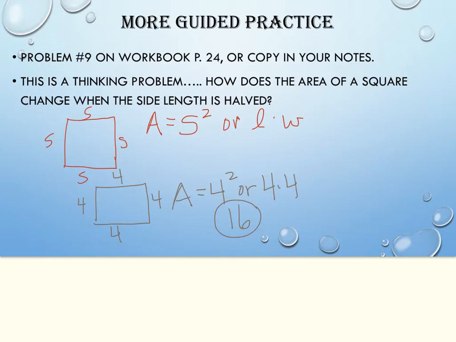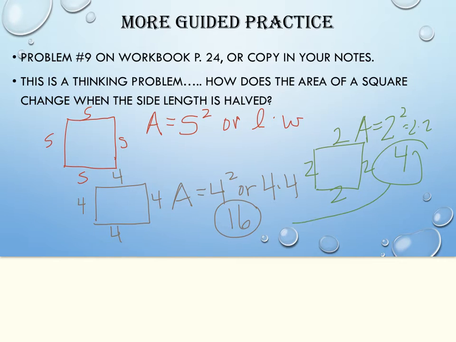Now the problem says what happens when the side length is halved. So now I would take a new square and make each of the sides half. So my new area would be side squared, or 2 times 2, which is 4.